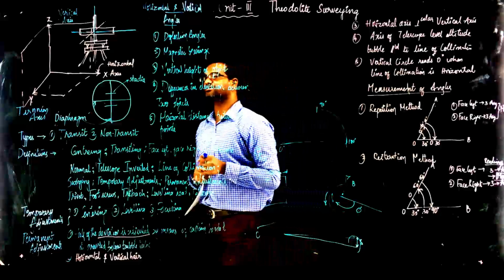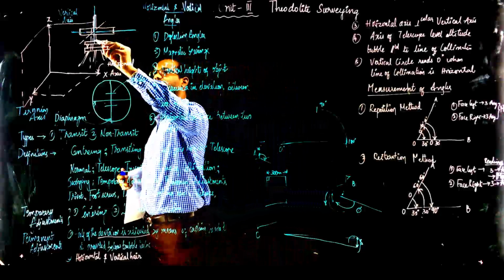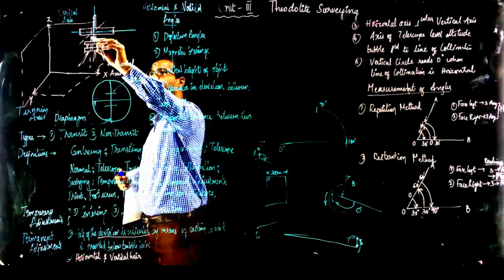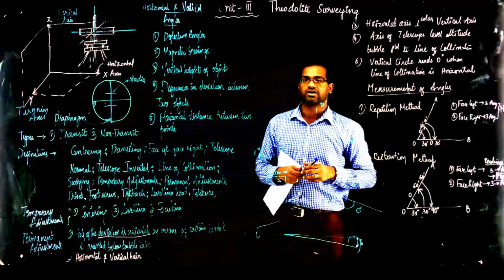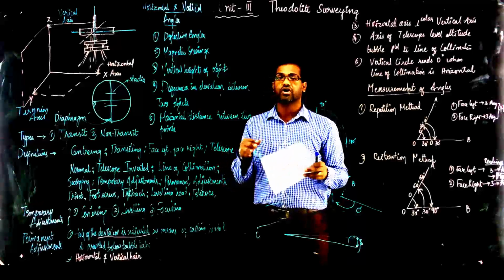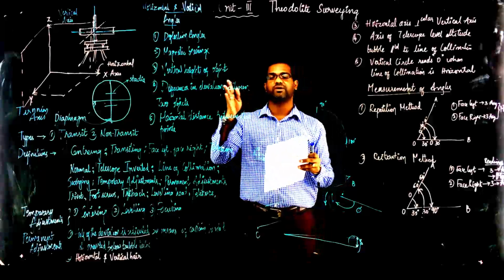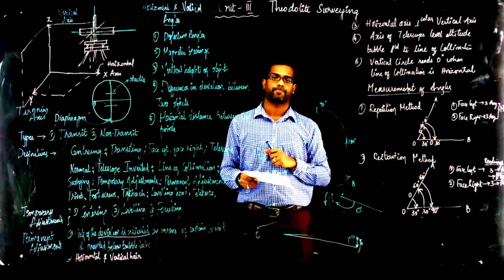And what is face? For any theodolite, you happen to have a vertical circle fitted to it, right? If the vertical circle is towards my left hand side, then that is called face left.